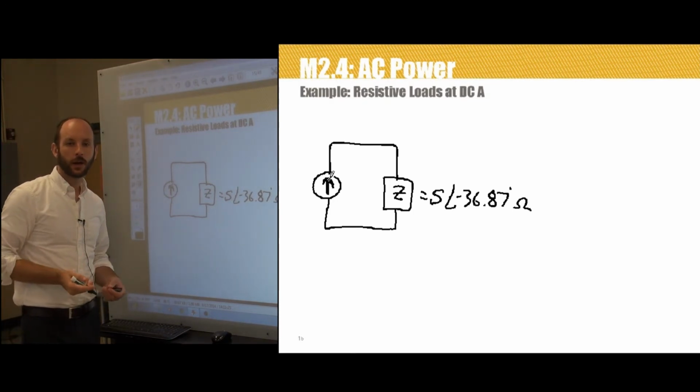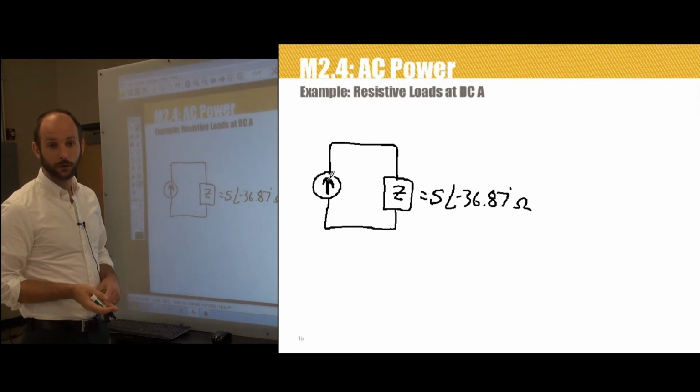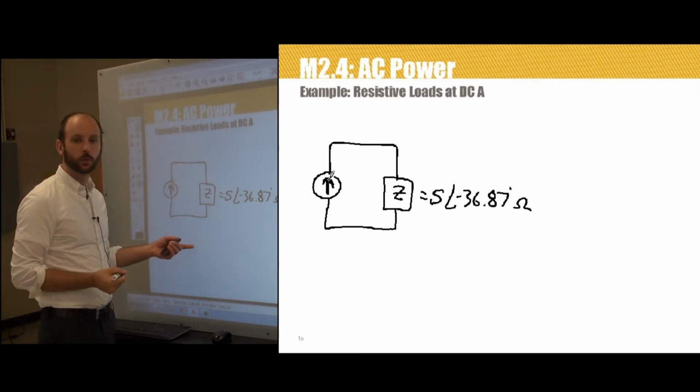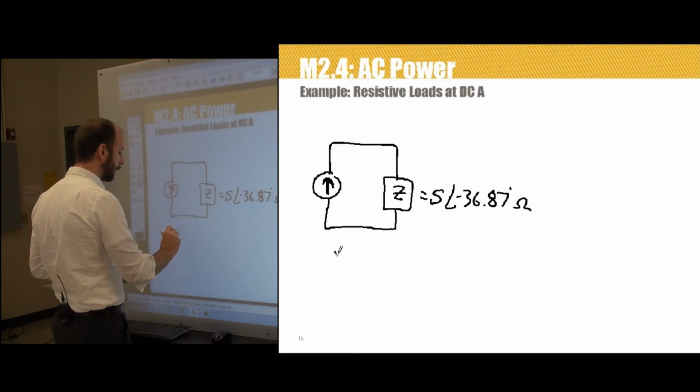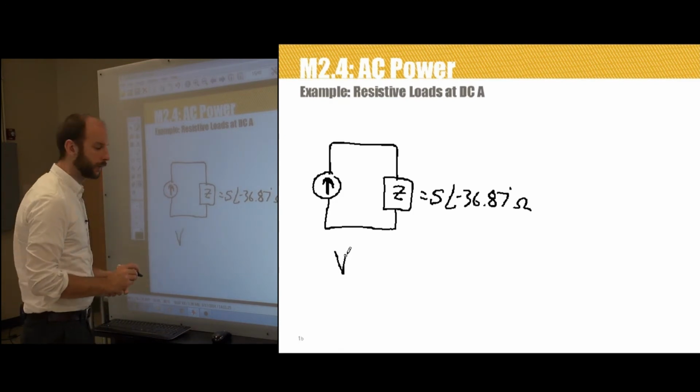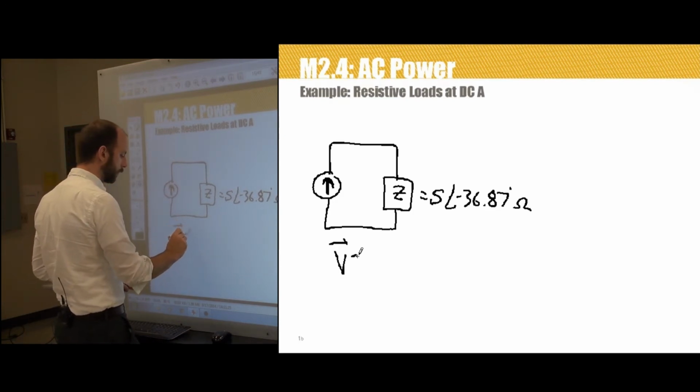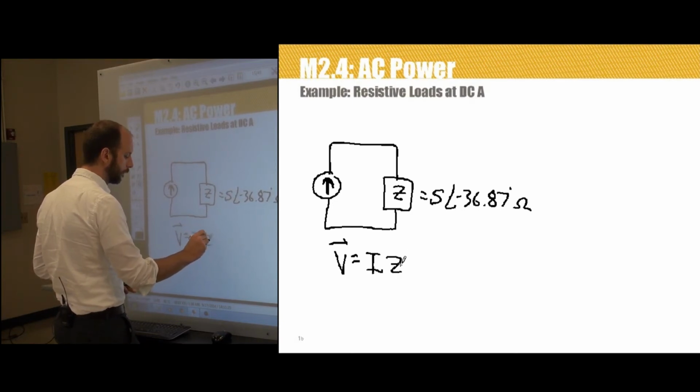So what we want to do now is calculate the voltage across all the parallel elements. We're just going to use Ohm's law in the phasor domain. V equals IZ.